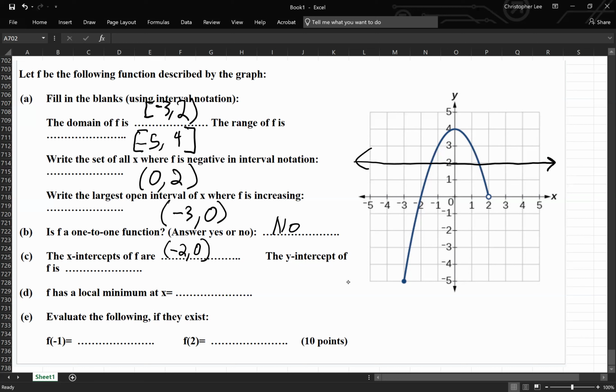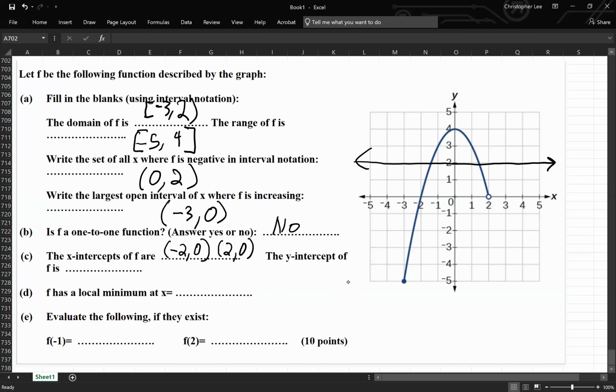And technically speaking, looking at this, there is an open circle at 2, so technically it's not really there. But the one on your test will make more sense. For me, I would say that it is there, so I would call that an x-intercept.